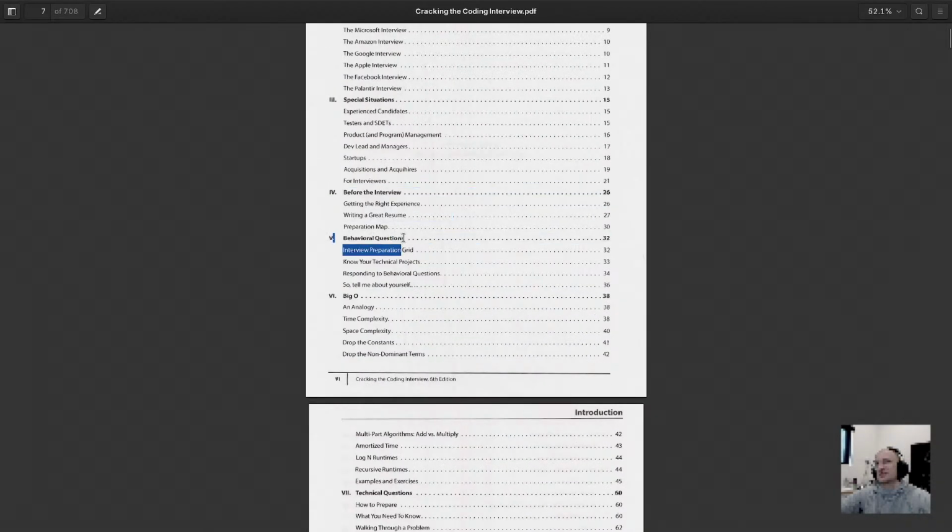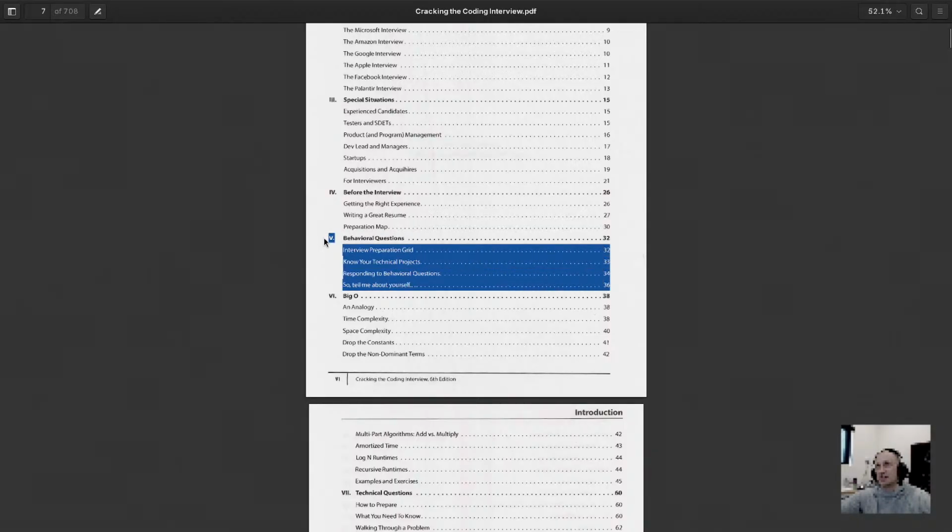Behavioral questions. This is an often overlooked area of the interview. Doing some preparation around that is important, because a lot of highly technical people have difficulty communicating, they have behavioral issues, and they don't improve in those dimensions.